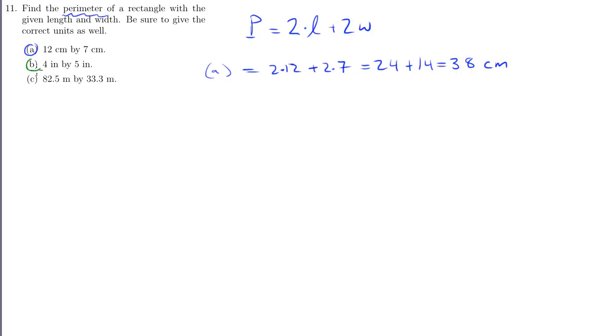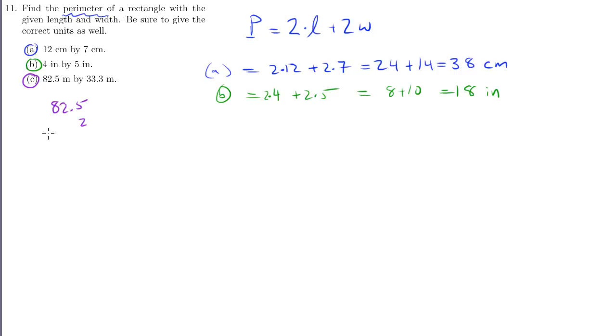B, 4 inches by 5 inch rectangle, so that's 2 times 4 plus 2 times 5, which is 8 plus 10, 18 linear inches. And lastly, we're going to have C, which is 82.5 meters.